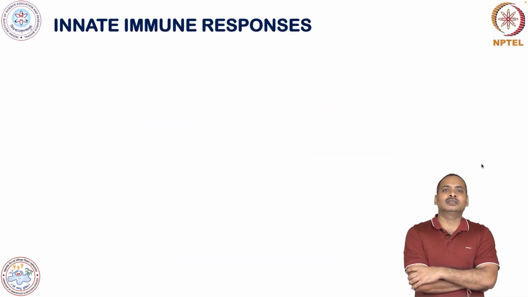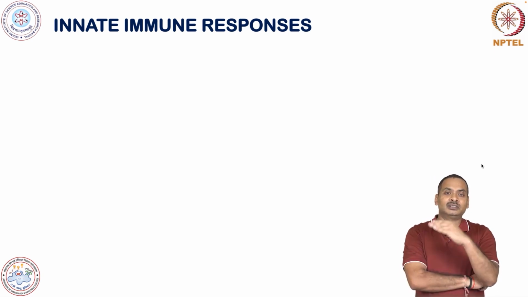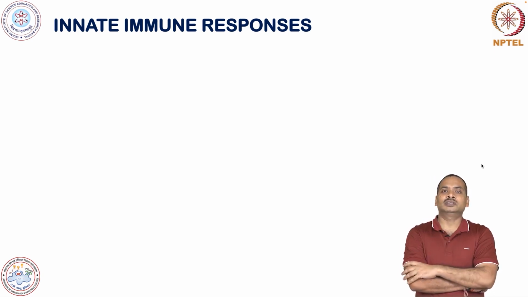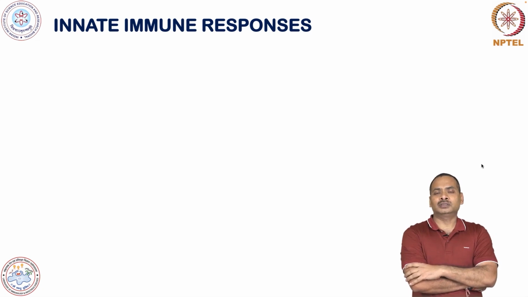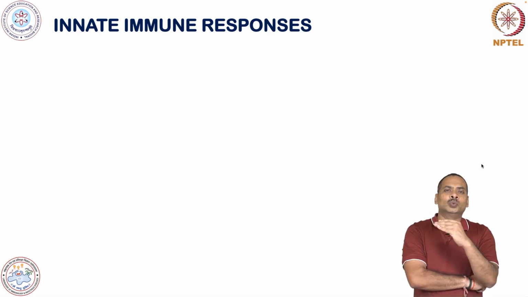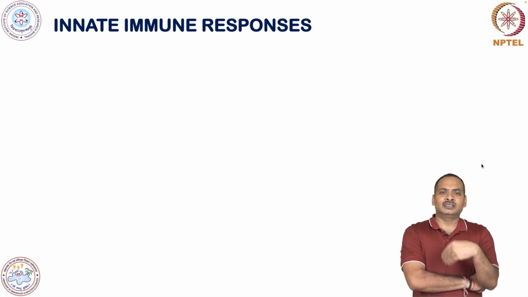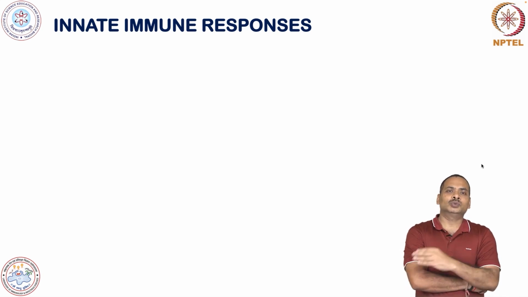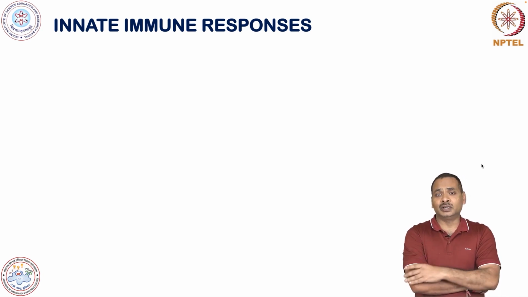So you know that there is a variety of innate immune components, right? You probably remember the previous session when I discussed innate immunity. As I can tell you again, the first is the physical barrier.